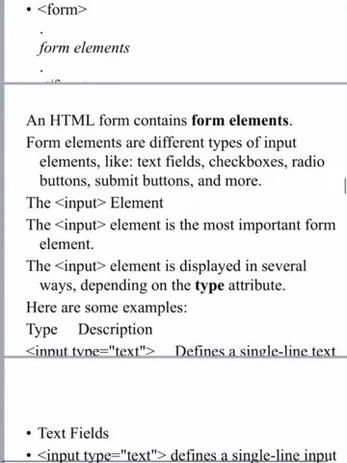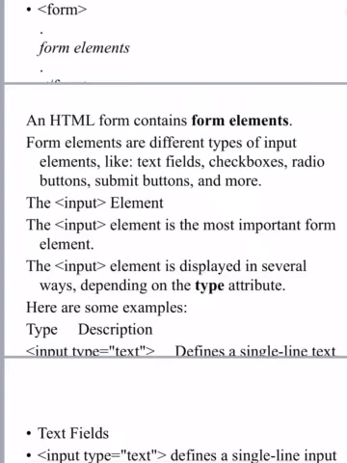Next, an HTML form contains form elements. There are many elements supported by HTML. Form elements are different types of input elements like text field, checkboxes, radio button, submit button, and many more. Among them the first is the input element. The input element is the most important form element.